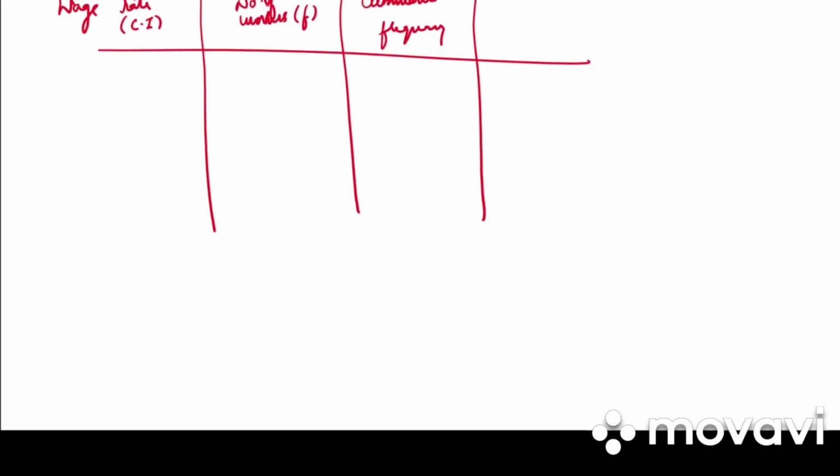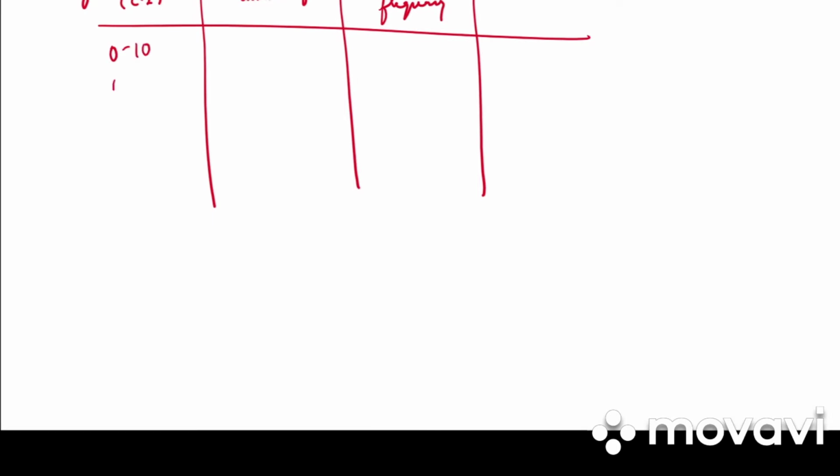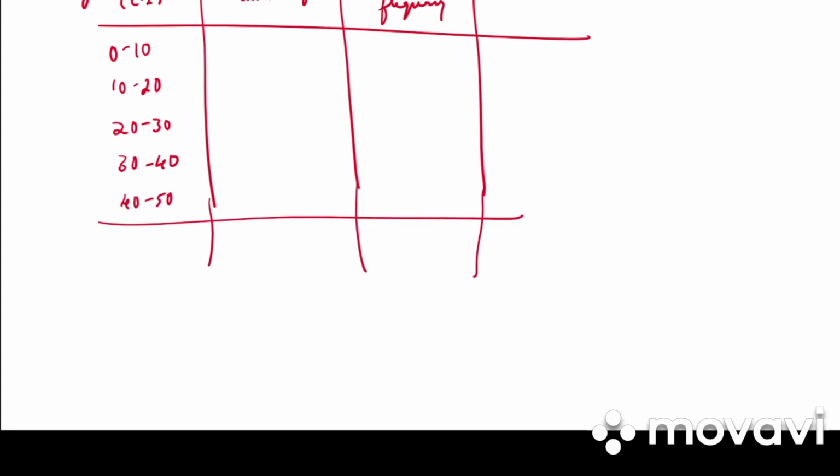Then we need to find out cumulative frequency. So what are the class intervals? 0 to 10, 10 to 20, 20 to 30, 30 to 40, 40 to 50. Then we have frequencies 22, 38, 46, 35, 20.